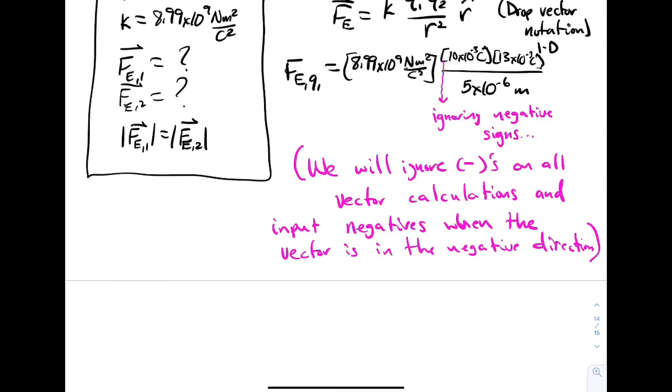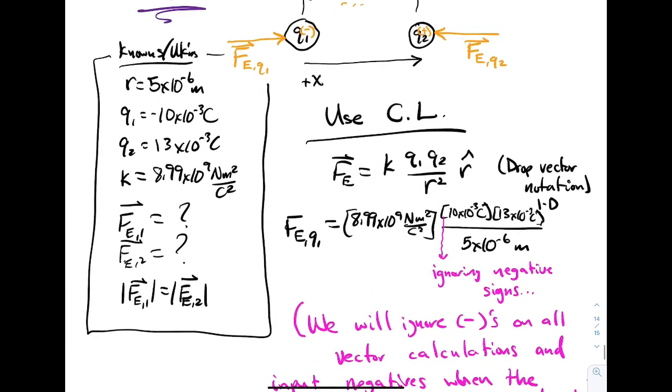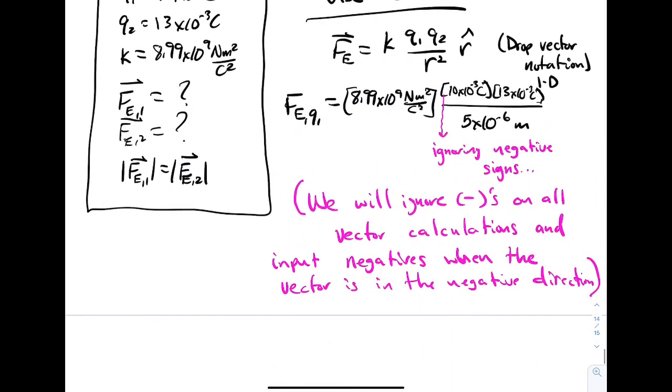So it's kind of a strange request, but I think it'll help in the end if we allow the picture to put in our negative signs anytime we work with vectors in this class. So you'll see there will be other circumstances where this holds, for example, electric field calculations. But we're not there yet.